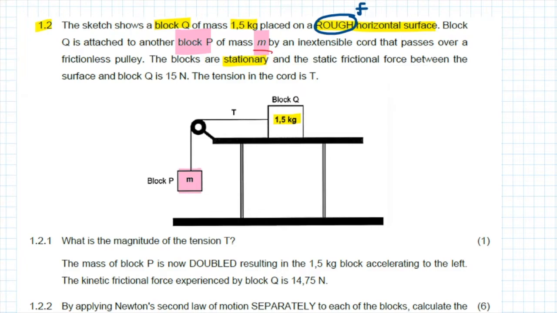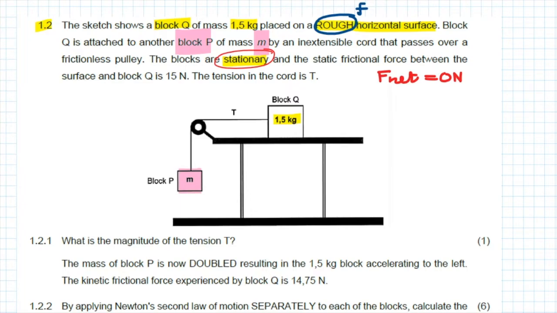When you see that blocks are stationary or that they are moving at a constant velocity, it implies that the net force acting on them is 0 newtons. This is very important. We only have a net force that is not 0 when objects are accelerating, which means that they are not stationary and not moving at a constant velocity.